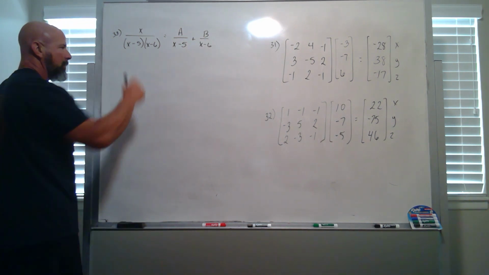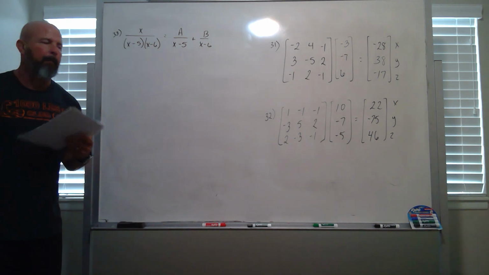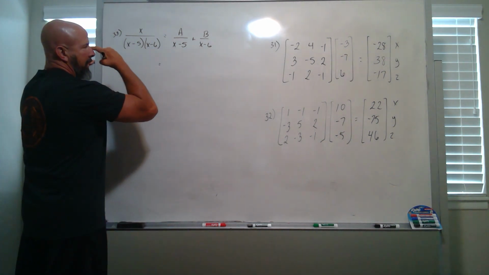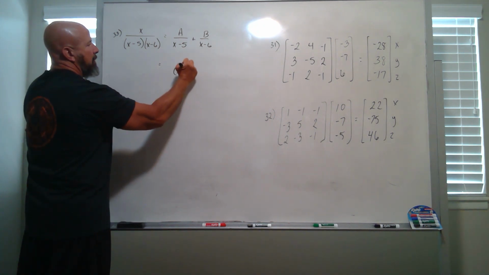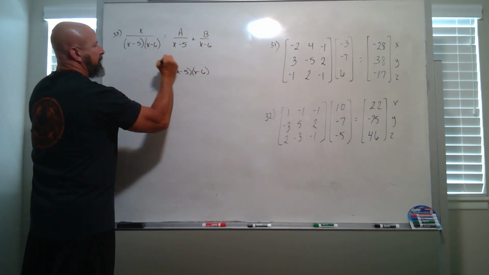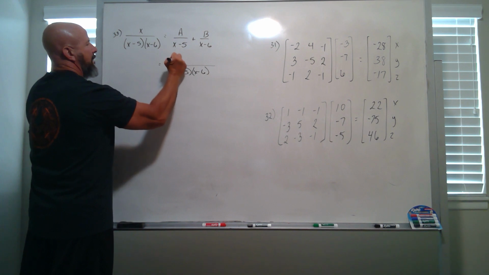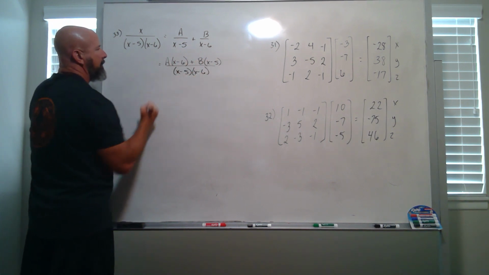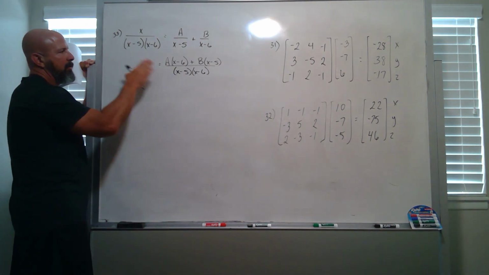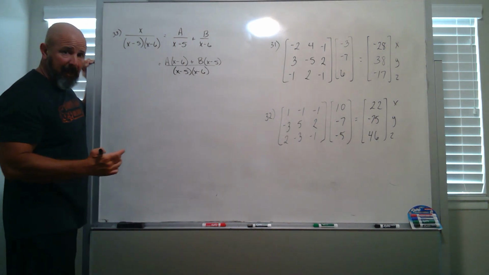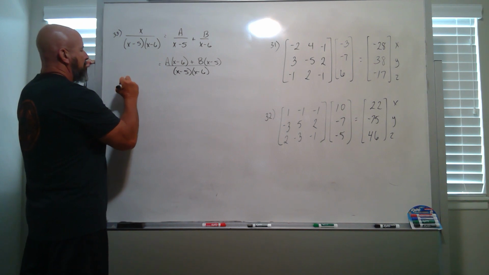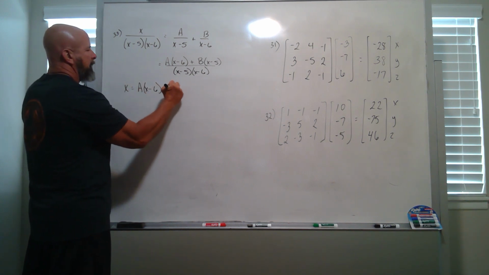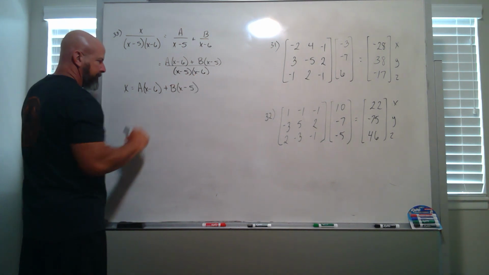It doesn't matter what order my factors are in. Okay. So here I would have common denominator, x minus 5, x minus 6. So I have A times x minus 6, B times x minus 5. And so since these two fractions are equal and they have the same denominator, I know x would be A times x minus 6 plus B times x minus 5.